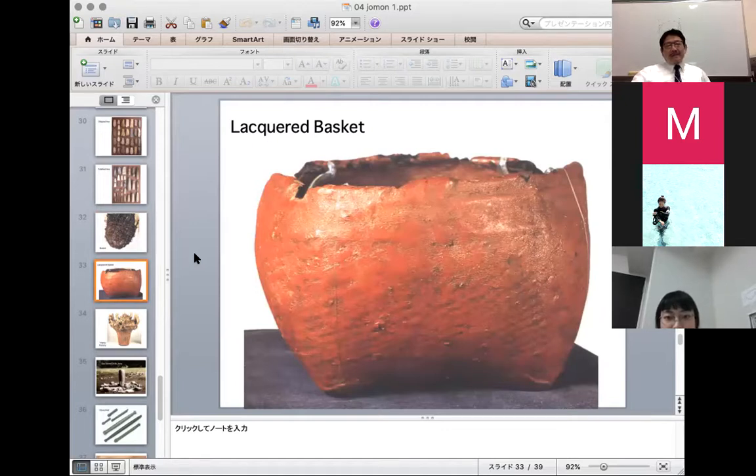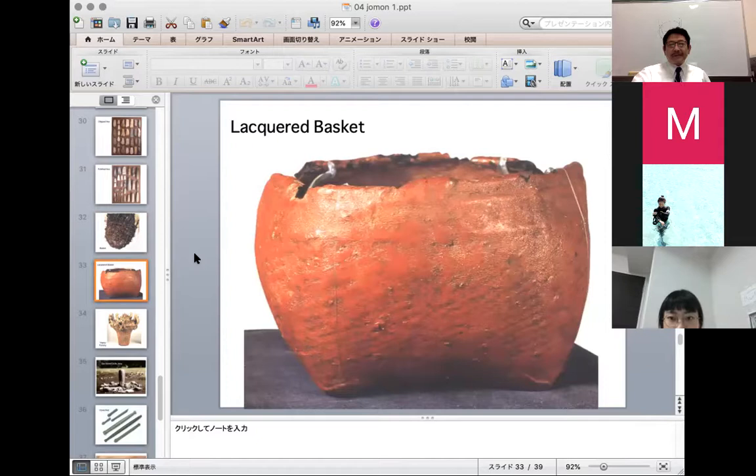Well, it's called Japan in English, right? Lacquer work is called Japan in English and represents the traditional technology. But this technology is very complicated and very difficult to make one of these. But this complicated technology was established in the Jomon period and hasn't been changed even today.